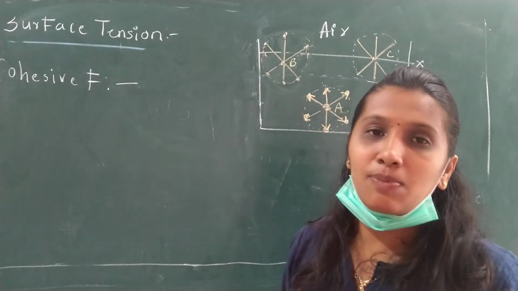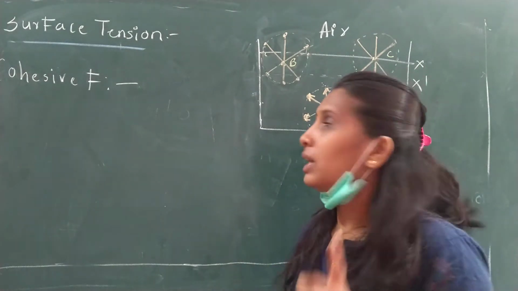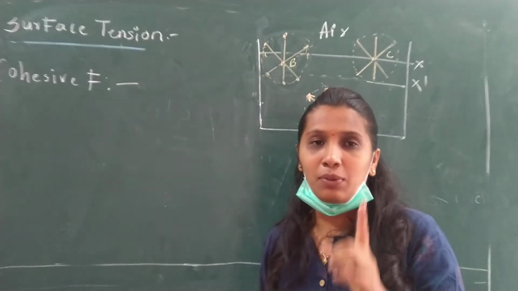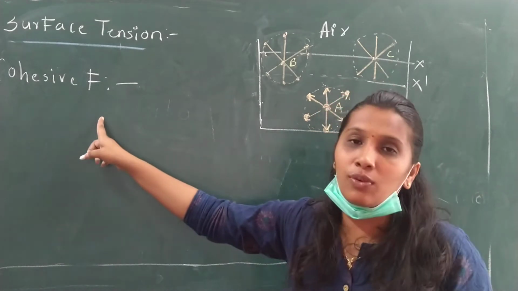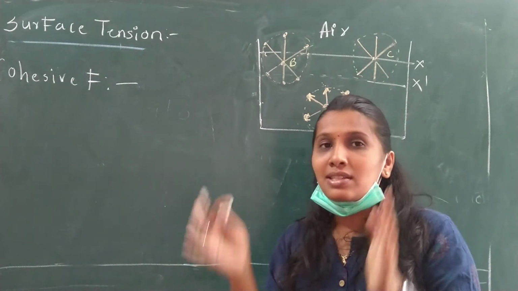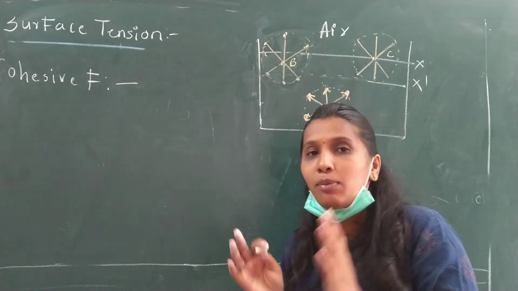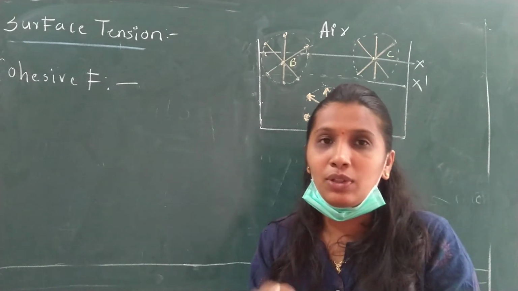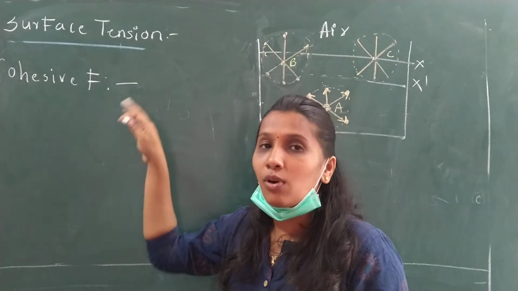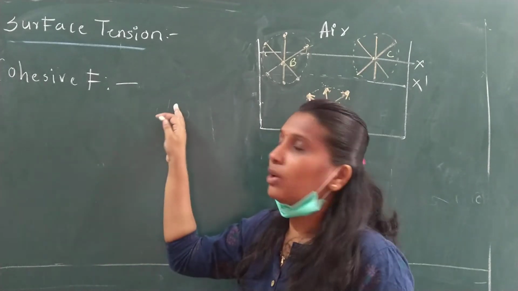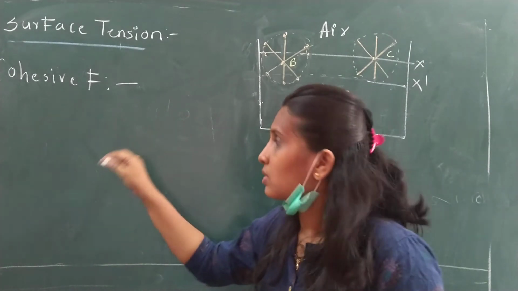If I am talking about water, then the force of attraction between the molecules of water is known as cohesive force. The substance is the same, water. I am only talking about the force of attraction between two molecules of water. So cohesive force is the force of attraction between the molecules of the same substance.